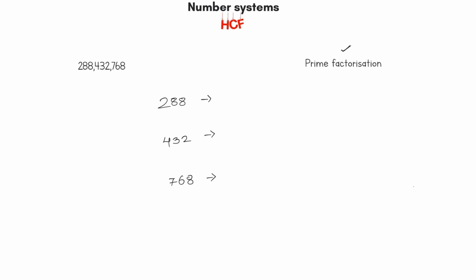Let's see how it helps me find the HCF. First write 288 in terms of prime numbers. I can write this as 144 into 2. Now 144 is nothing but 12 square, so I'll write this as 12 square into 2. Still not getting prime numbers, so I'll write 12 as 4 into 3, and this 4 is nothing but 2 square.